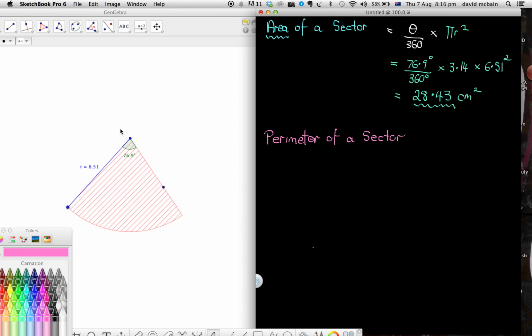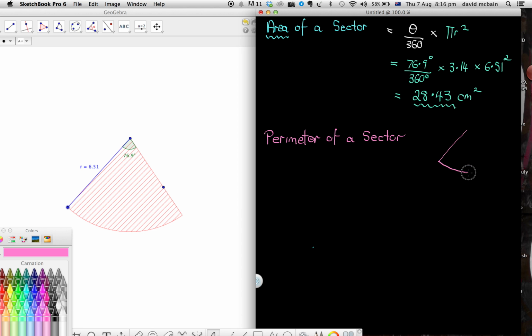So the sector has a radius on that side and a radius on this side, and it's got a curved bit over here. That part of the circumference is called the arc. So that there is known as an arc. So we'll look at a quick little diagram just to label that.